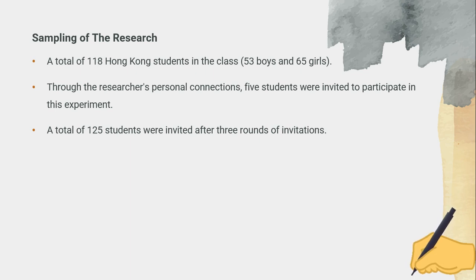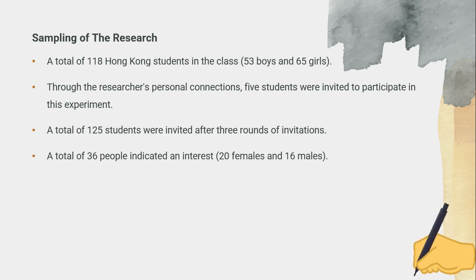And then a total of 125 students were invited after 3 rounds of invitation. By submitting their email address and personal contact information at the end of the online questionnaires, all participants were invited to join an individual online interview.